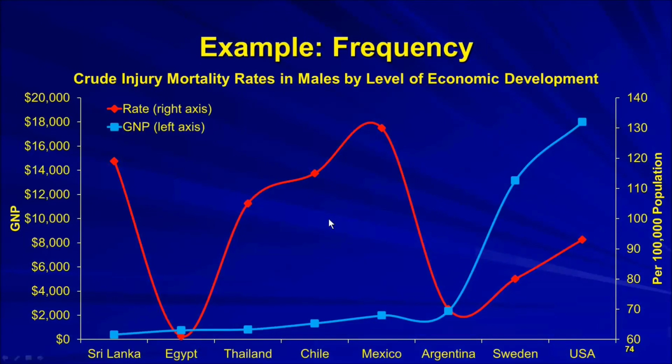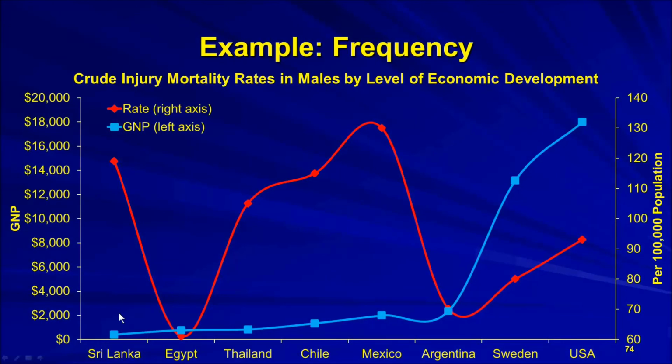Where is it happening? Where is it not happening? If you look at the high areas according to rate alone, you're going to conclude, well, Sri Lanka is high, right? Egypt obviously is not, according to rate. And if we look at some of these other countries, Mexico is high, and you notice that these countries are not. Now, what would you conclude from that?